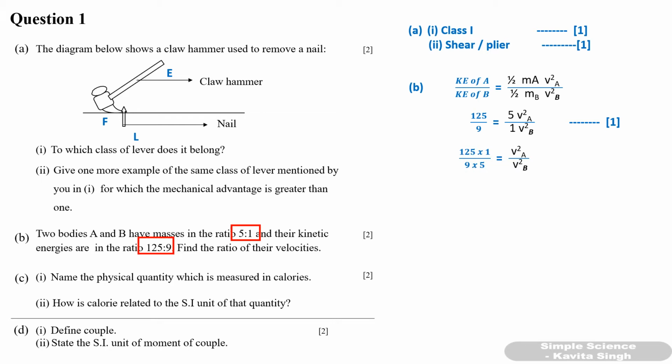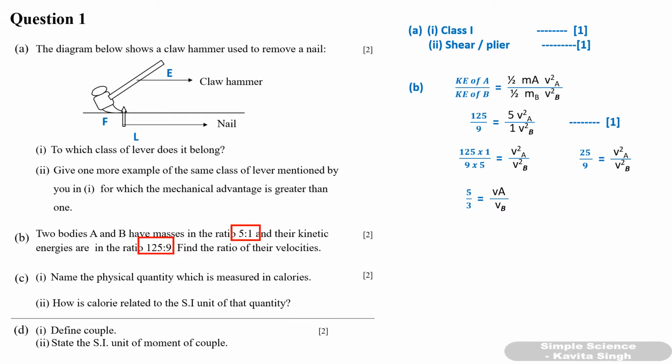Now rearrange the terms and get velocity square on one side and then solve it. You will get VA square upon VB square is equal to 25 upon 9. So VA upon VB will be equal to 5 upon 3. But this is the ratio.